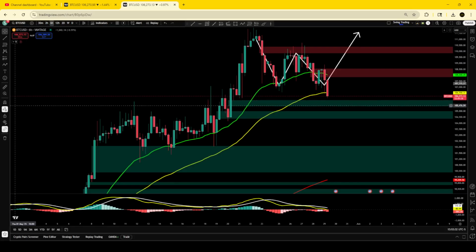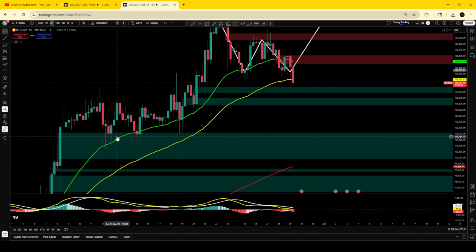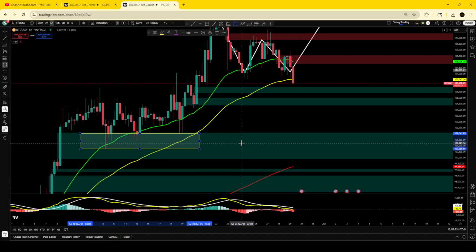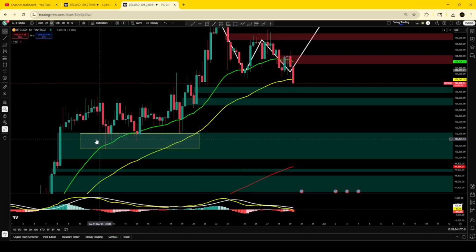All right, so liquidity zones. Basically, this is the liquidity zone, when you see the major swing highs and swing lows. Liquidity zone right there.